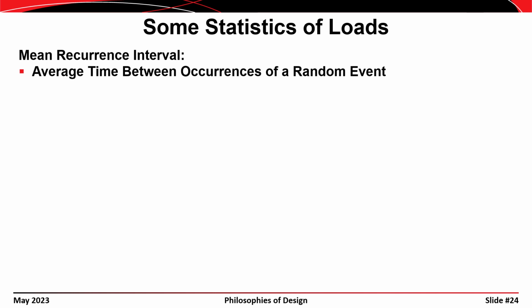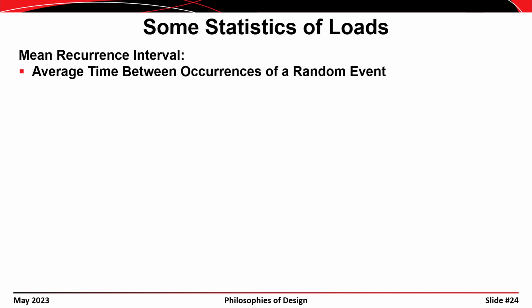So that would be the mean recurrence interval. If you think it's going to be, say, 1,500 years in between magnitude 8 earthquakes at any given location, then the mean recurrence interval would be 1,500 years. So that goes back to the idea of a 50-year storm or a 100-year storm, right? So that's what a mean recurrence interval is.